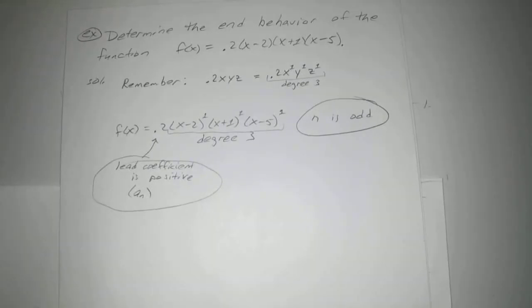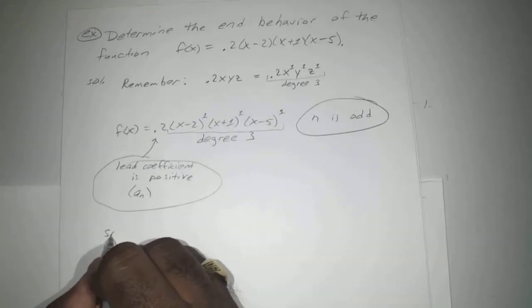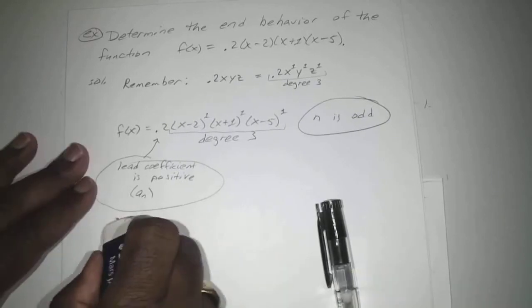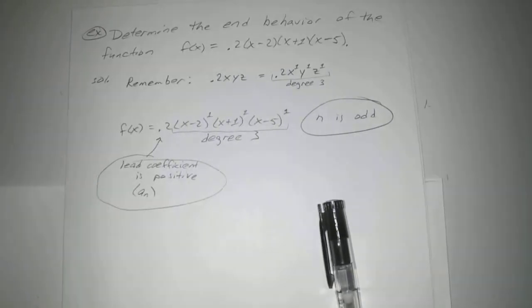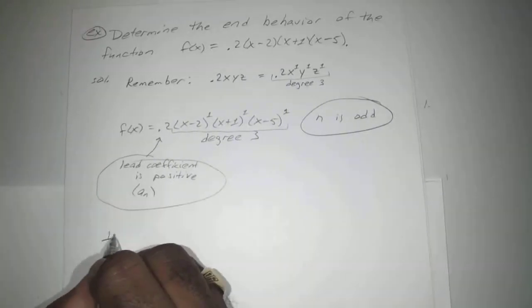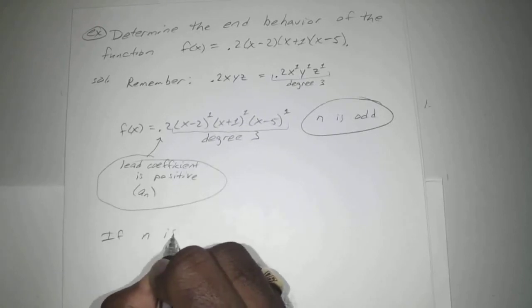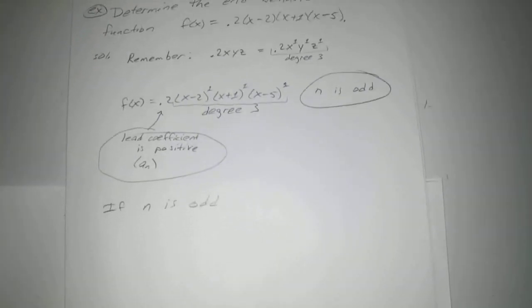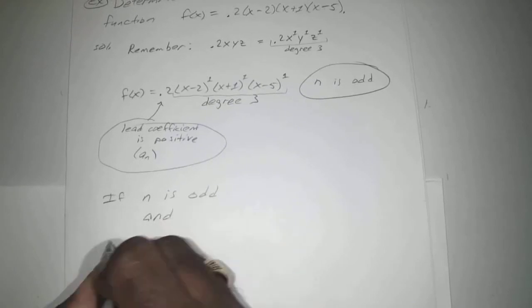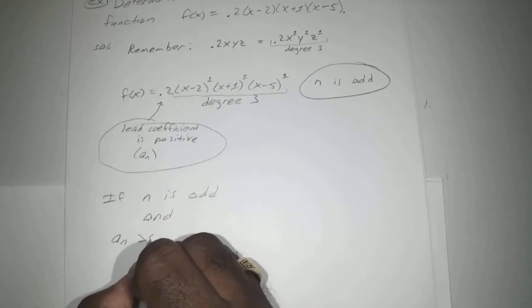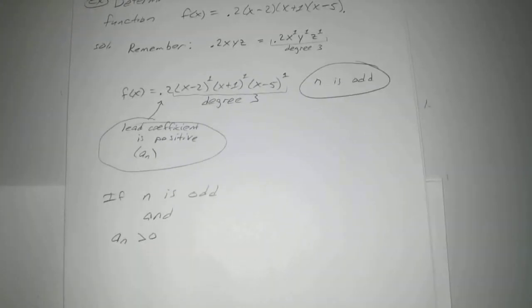So if you think back, now let me write that out. If n is odd and our lead coefficient is greater than 0, that sounds like x to the third power.